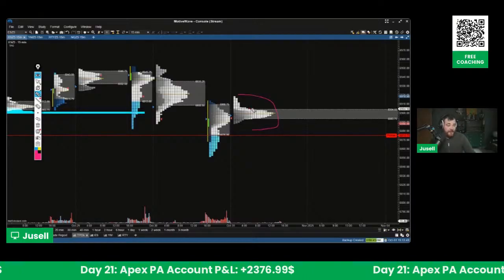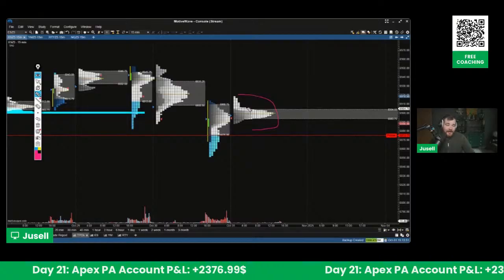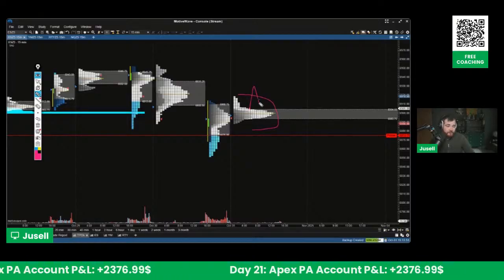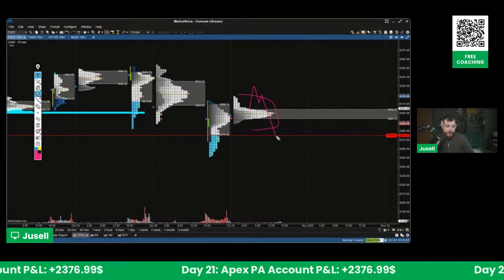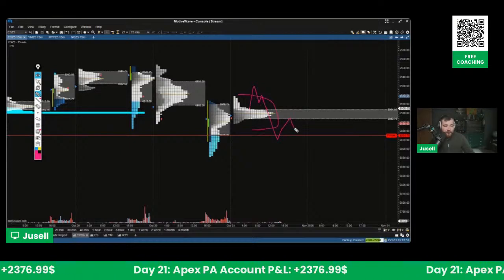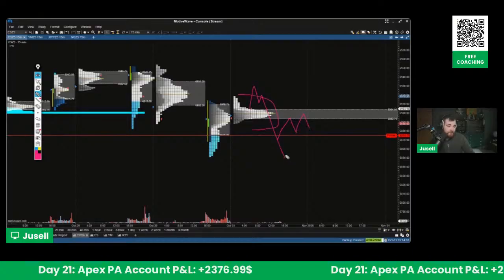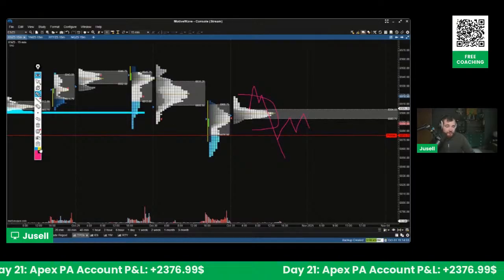So what would the play for ES be? Well, I'm obviously looking back to the gap, and I want to see a run of this level, rejection into the previous close, and then possibly we're gonna find some balance again or continue down. That's plan one.